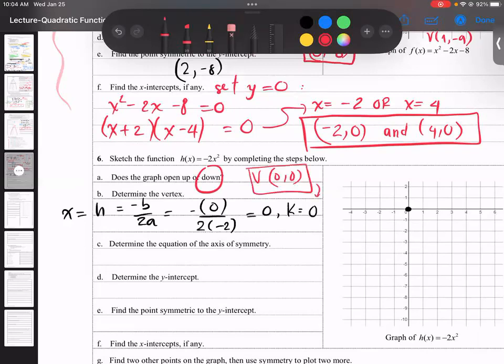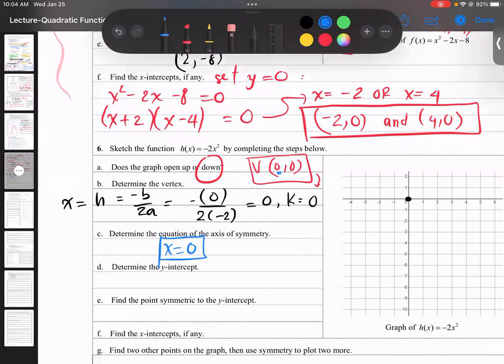Determine the equation of the axis of symmetry. The axis of symmetry is x equals h. So h is 0, so x equals 0. It's just the y-axis. What is my y-intercept?